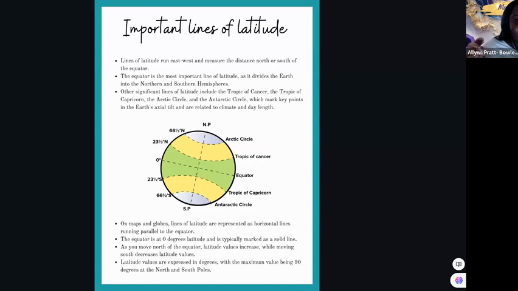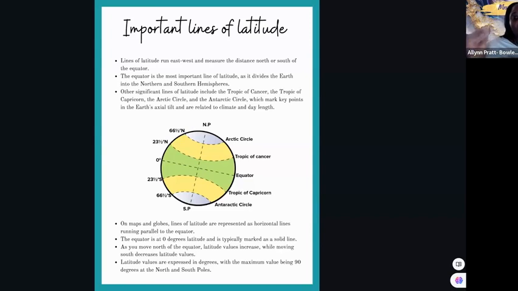Greenwich meridian. So the equator is the lazy latitude line that cuts the earth in half, and the longitude line that cuts the earth in half is called the Greenwich meridian. Important lines to know. Remember them, keep them in mind.